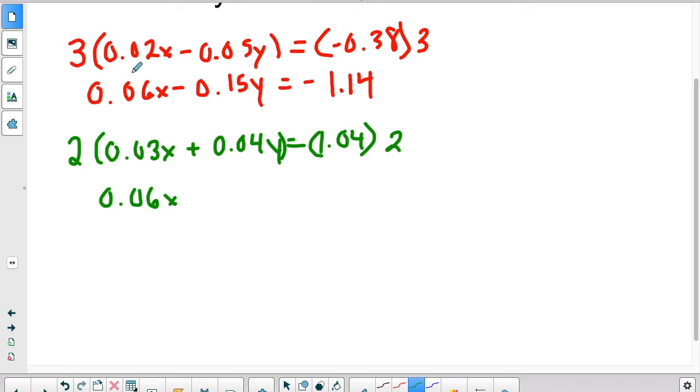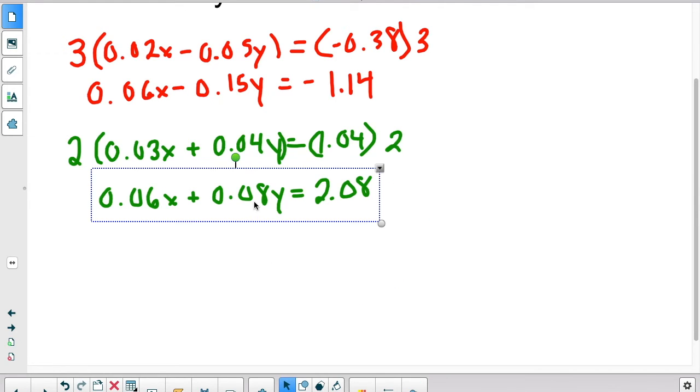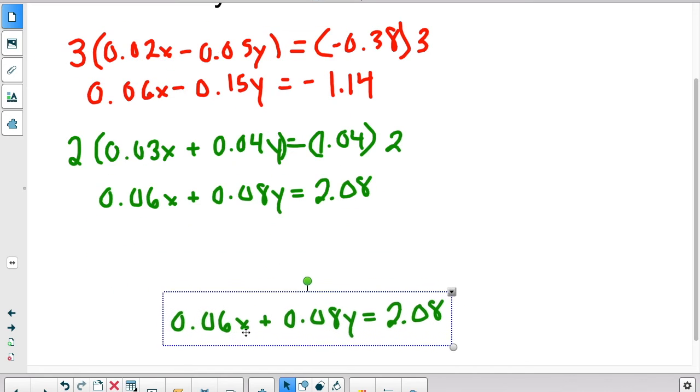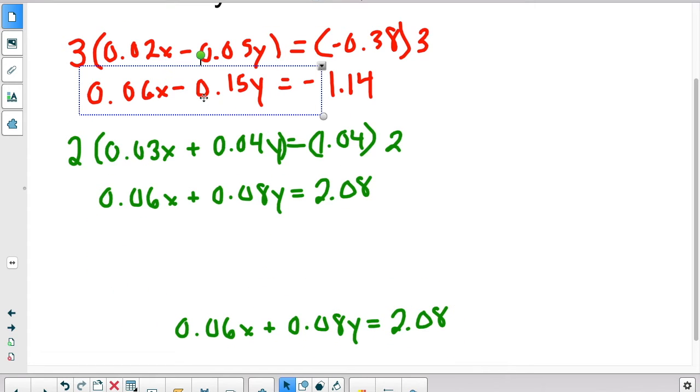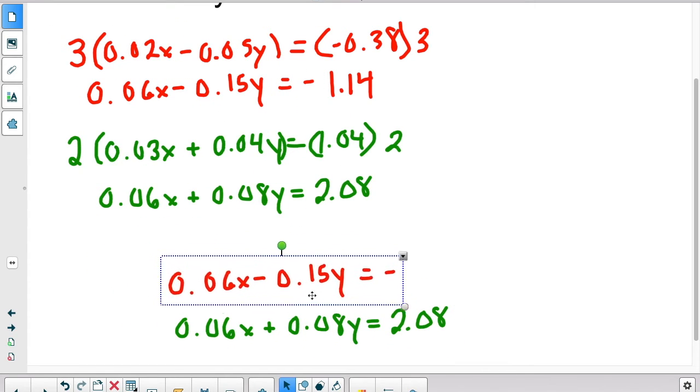So as we see here, the x values have the same coefficient, plus 0.08y equals 2.08. So now we have the same two equations, and we can put them over the top of each other.